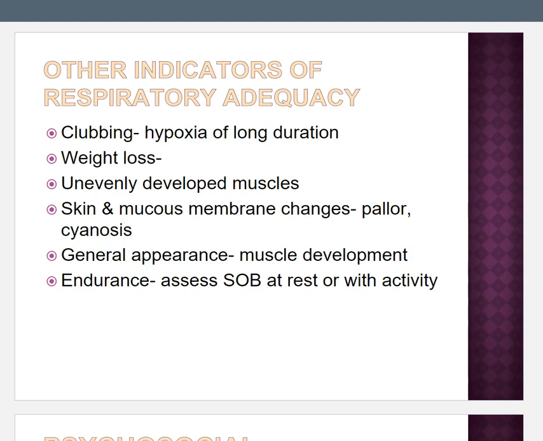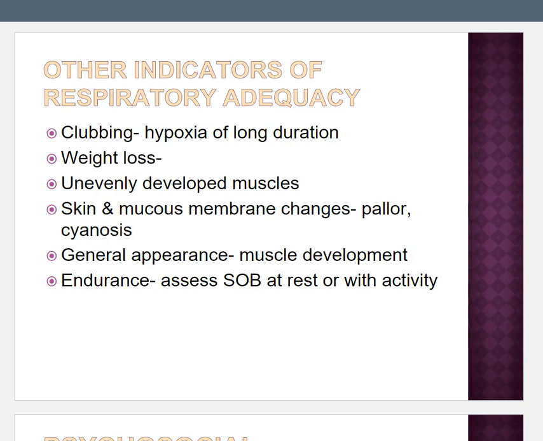Does the patient look like he has pallor or cyanosis regarding his skin and mucous membranes? Does he have no muscle mass? This could be the fact that your patient has a very serious respiratory problem and really has poor nutritional intake and isn't able to really have the energy to eat a healthy diet.